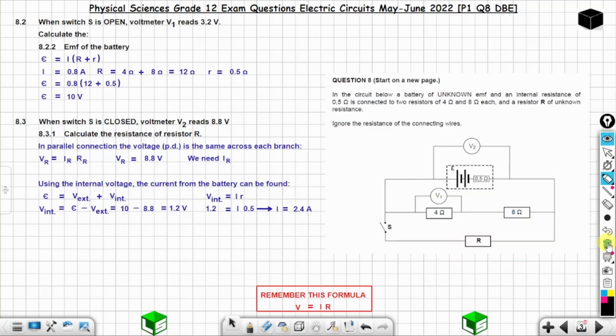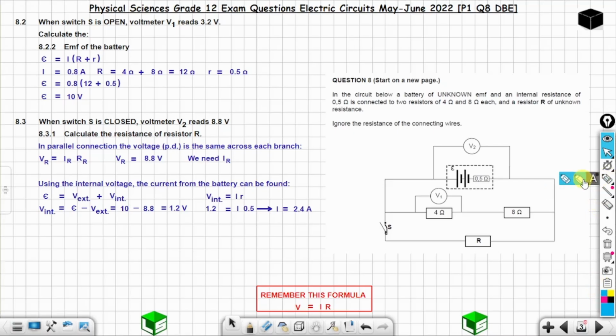Remember, switch S is closed. We have to find the current through resistor R. What you can do is find the current on the other branch, because there we have enough information.